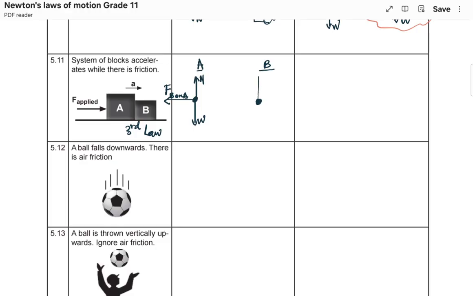now there's a normal, there's a weight, there is a force being applied, and this side there is a force of A on B there.